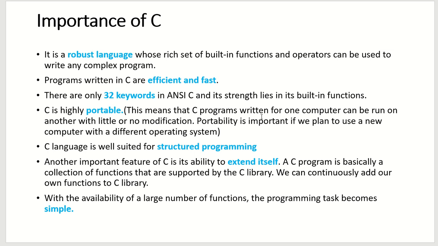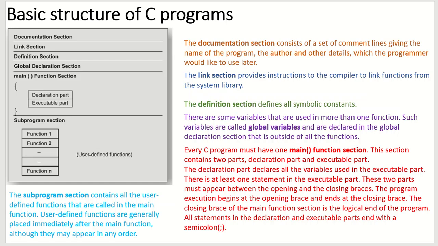Okay. A C program is basically a collection of functions that are supported by the C library, and we can continuously add our own functions, created by the user, to the C library. So with the availability of a large number of functions, the programming task becomes what? Simple and easy.